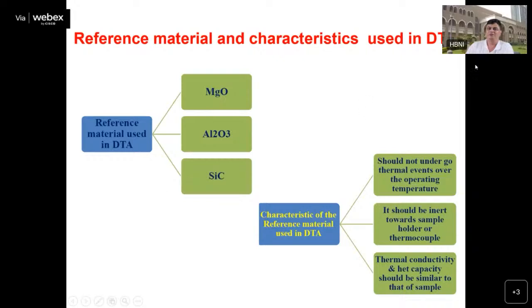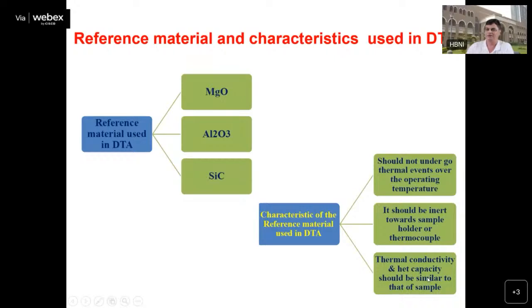Various kinds of reference material are used in DTA, such as magnesium oxide, aluminum oxide, or silicon carbide. And what are the characteristics of these reference materials? Over the operating temperature, they themselves should not undergo any kind of thermal event, and they should be inert toward the sample holder and thermocouples, because they should not react with the container of the sample holder as well as the thermocouple.